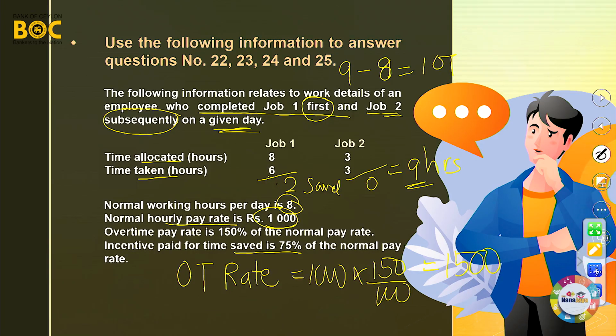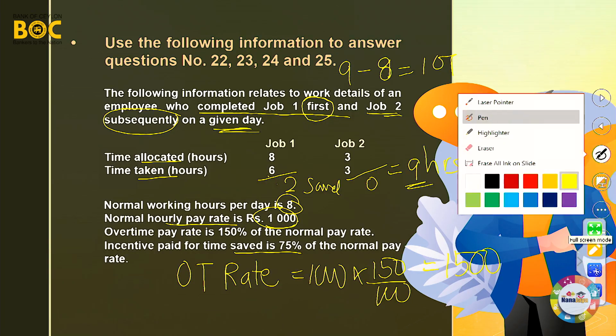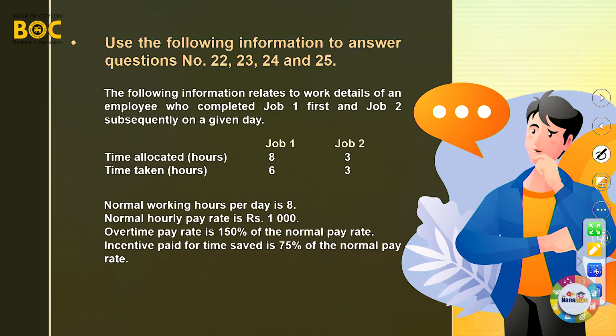For job 1 you have allocated 8 hours, but he has taken only 6 hours. So he has saved 2 hours. The incentive paid for time saved is 75%.